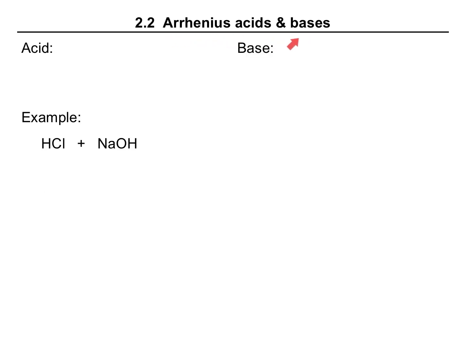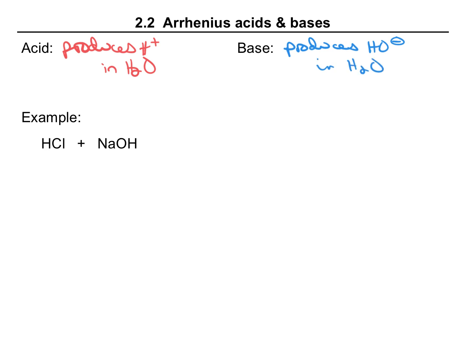According to the Arrhenius definition of acids and bases, an acid is something that produces H plus in water, and a base is something that produces OH minus in water. As an example, we could think about HCl and NaOH.